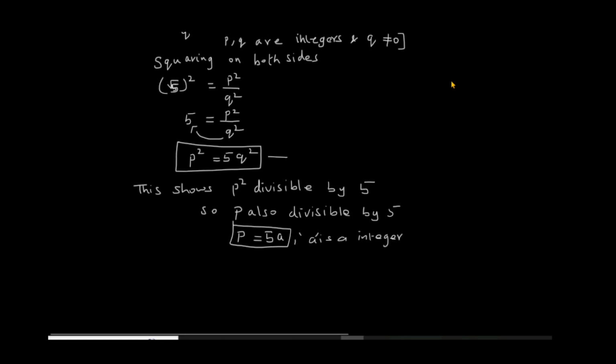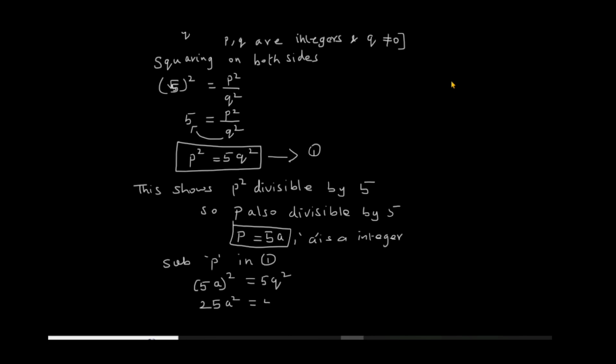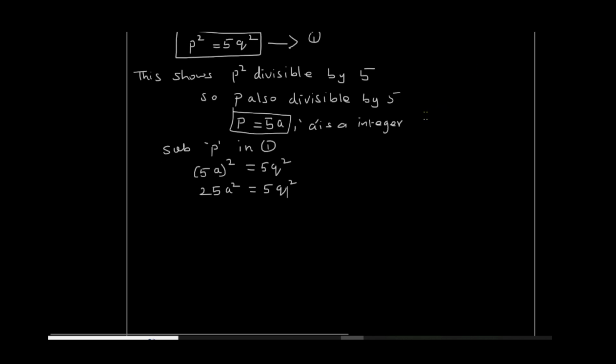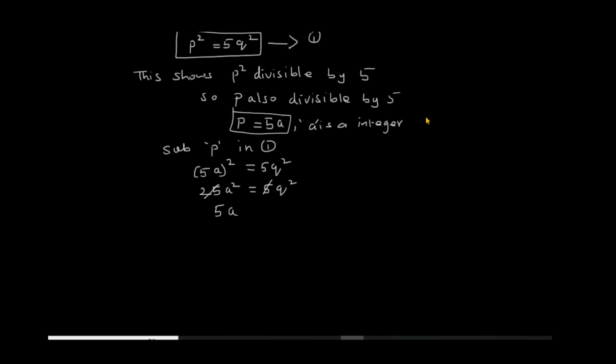Look at here, take this equation as your first equation. Now substitute P in 1. So what you can get here: 5A the whole squared is equal to 5Q squared. So when you are squaring, 25A squared is equal to 5Q squared. On both sides 5's multiples are there, so you can cancel it. 5 one time, 5 5 times. So when you are cancelling, 5A squared is equal to Q squared, which means Q squared is divisible by 5.